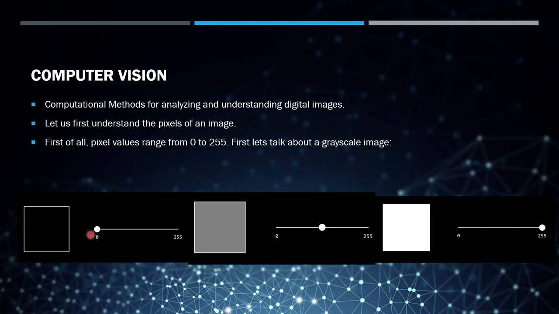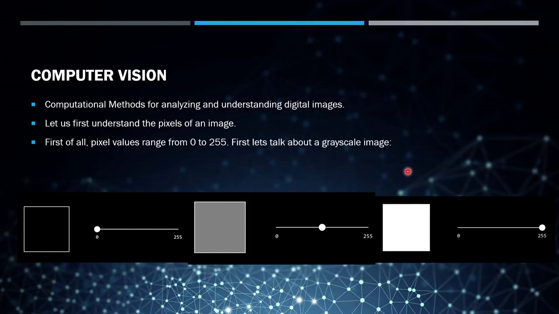If we have a range of 0 to 255, 0 means a complete black pixel, and somewhere in between 0 and 255 it would mean that we have some degree of grayness in our pixel, and if we set our pixel value to the integer 255, we have a complete white pixel. So that is the basic understanding of a grayscale image and the values of pixels.